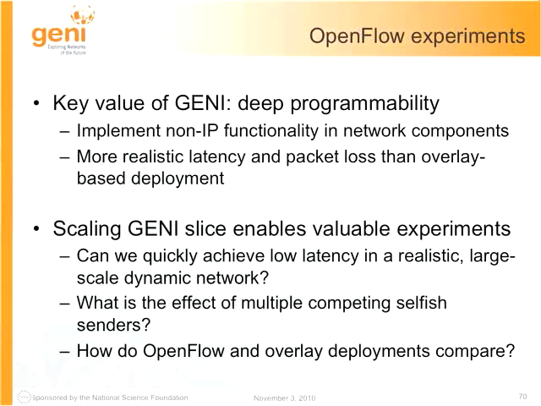Is it really possible to quickly react to network dynamics in a large network with realistic traffic patterns? And what happens when you have multiple senders competing with each other, each trying to selfishly optimize their own path choice? Does congestion become a serious issue?